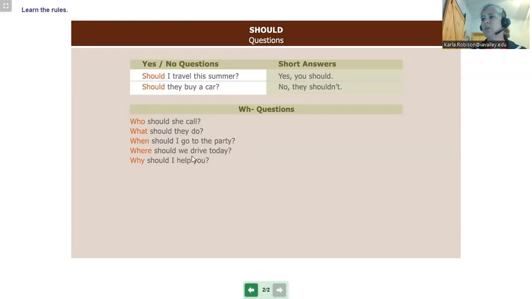Where should we drive today? Why should I help you? So again, anytime you want more open-ended answers from a question instead of a yes or no, you're going to put your WH question word, and it's always going to be followed by should. Because you're asking somebody's opinion, okay?